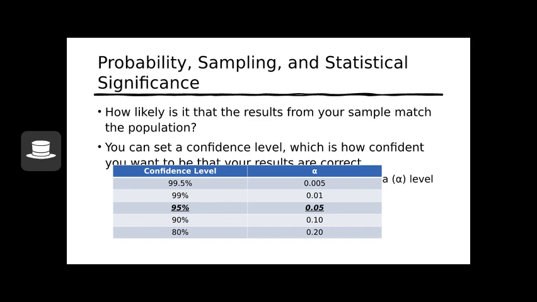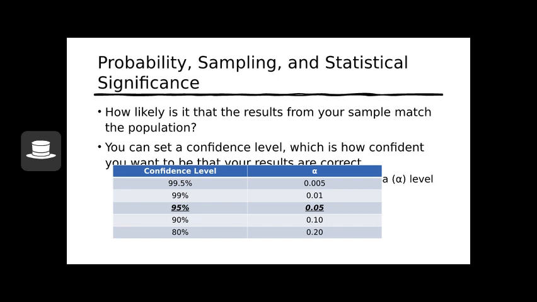So we get to actually choose how confident we want to be. Now, the normal confidence level that you'll probably use in your study is 95%. Being 95% confident that the results that you have in your study represent what's actually there in the population.